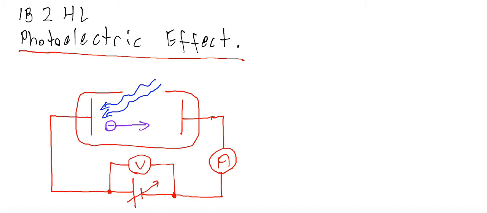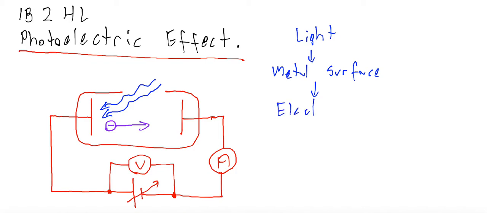Okay, so what was observed by Einstein? Einstein observed something like this. He used a light to illuminate a metal surface. And he found that sometimes, I give you conditions later, electrons are emitted, are removed from the metal.